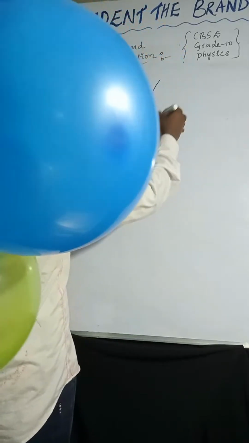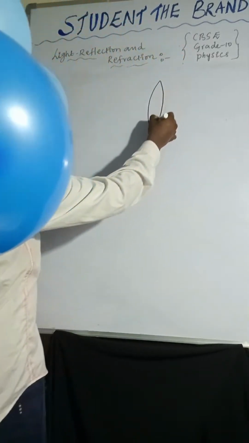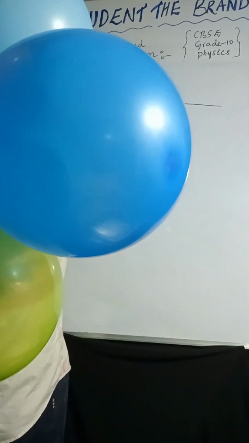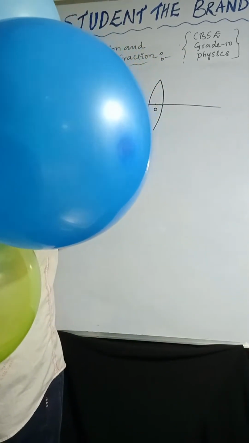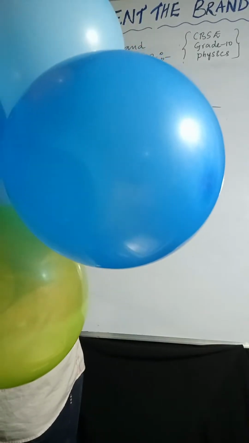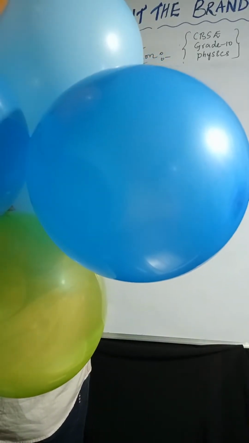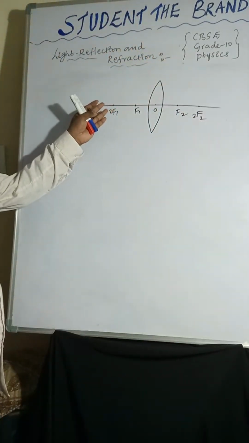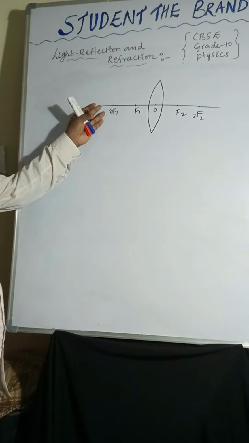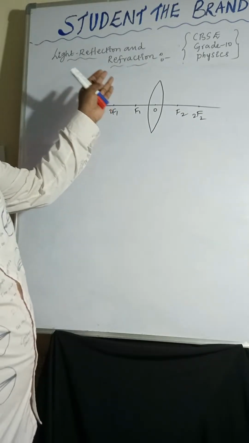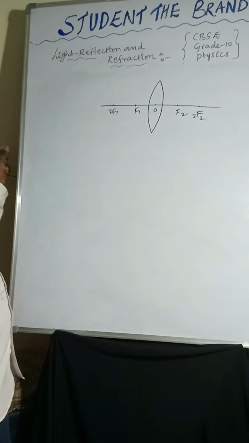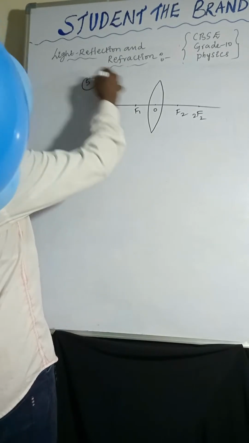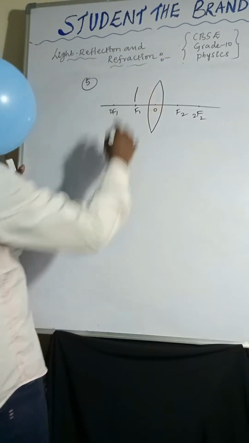Convex lens. Optic center, F1, 2F1, F2, 2F2. Okay, the fifth one, object is placed at F1.